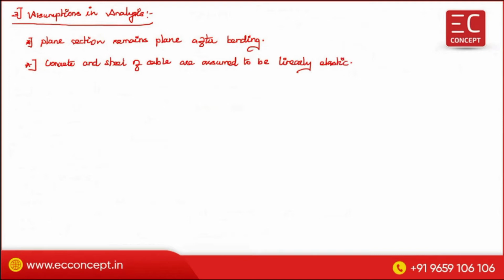Here the concrete and steel of cable are assumed to be linear material. What is the meaning of linear material? The stress strain curve obeys Hooke's law. Steel stress strain curve also obeys Hooke's law. Next one is no variations of stress.